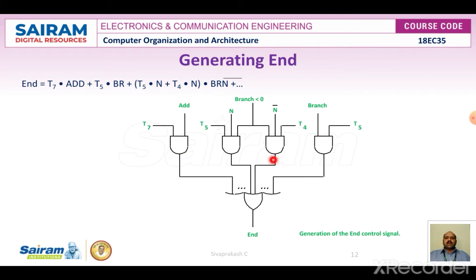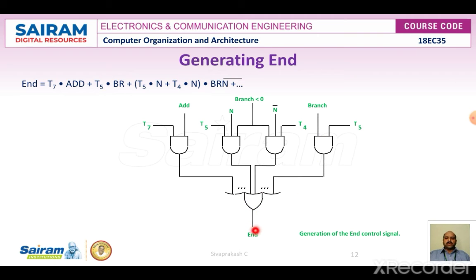All the outcomes are going to be added, because we have an add symbol in between, so all are added through the OR gate. Individual AND operations with an OR operation are present.